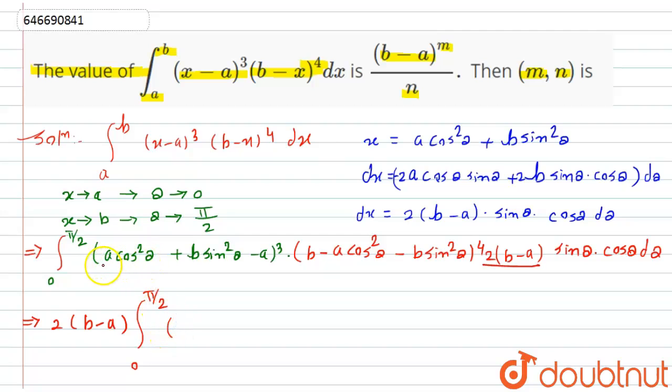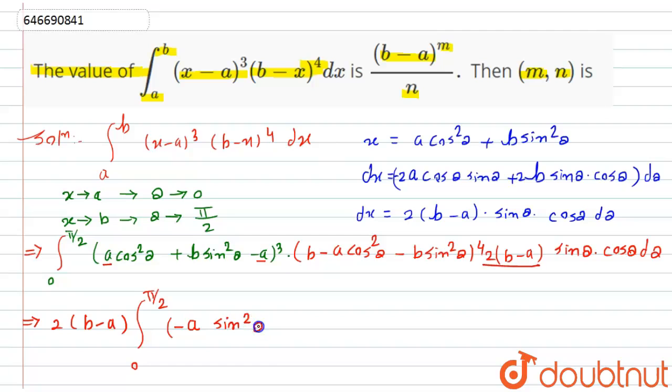Now in this bracket, if we take minus a as common, what will remain is cos square theta plus 1, it will become 1 minus cos square theta, and 1 minus cos square theta is nothing but sin square theta.